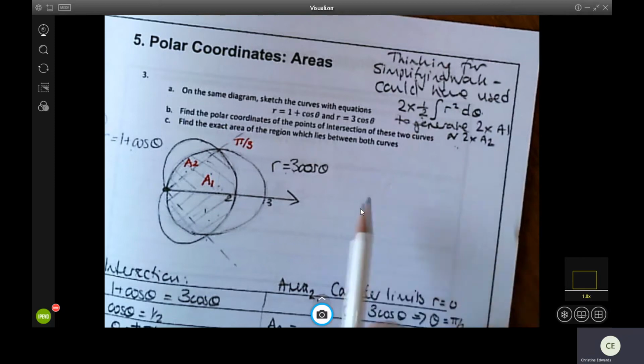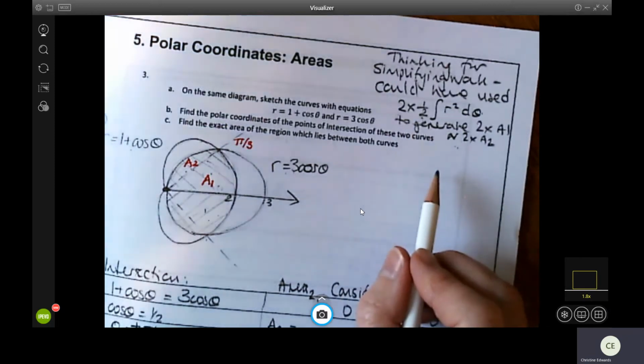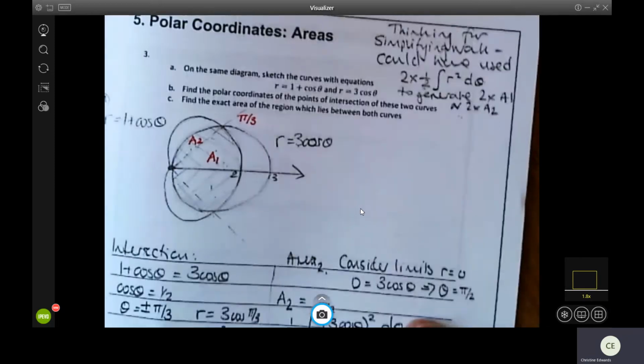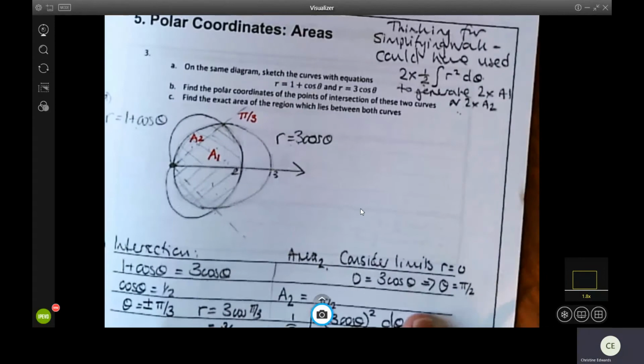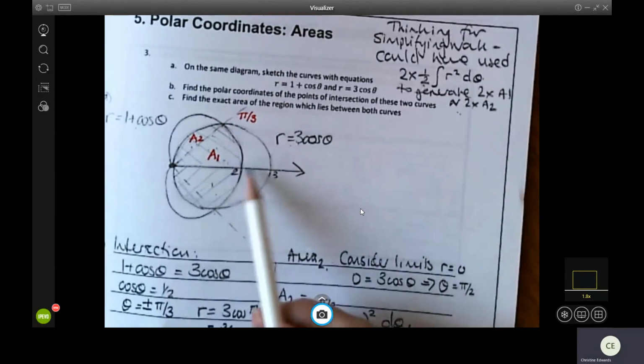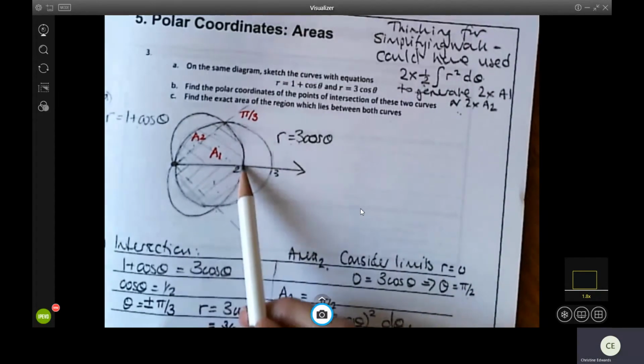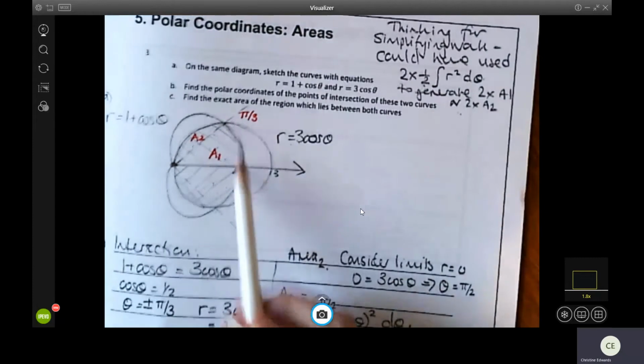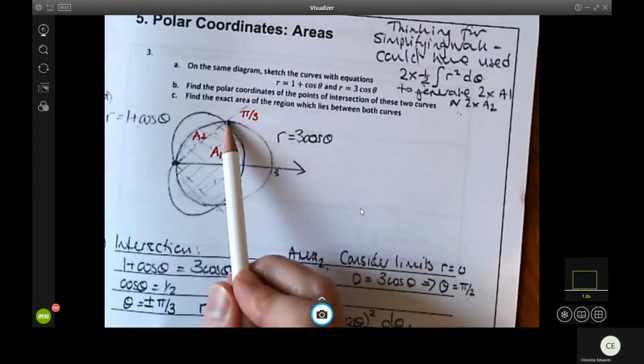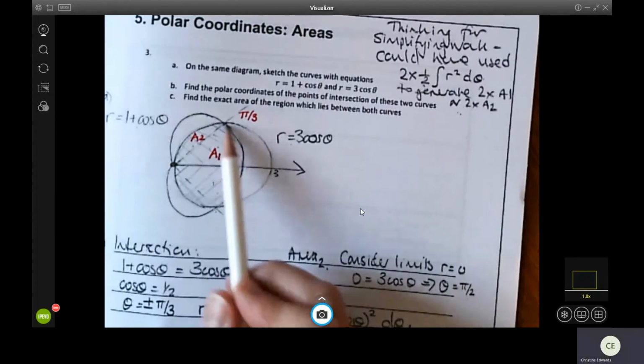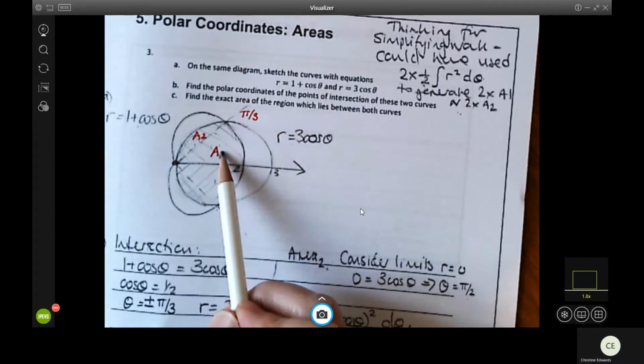One other thing that I want you to think about very carefully is limits. You must have them in the correct order. Here we used A1 from 0 to pi over 3, and that found the area A1. Now, usually when you swap round the limits on an integration, you just change the sign.